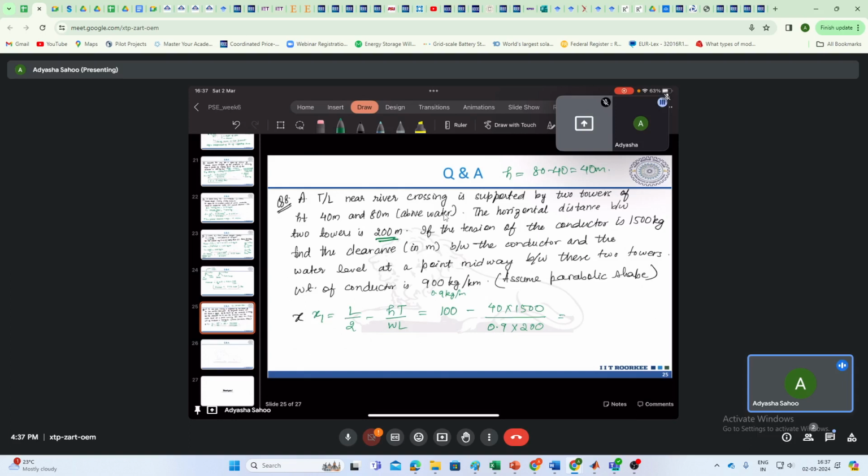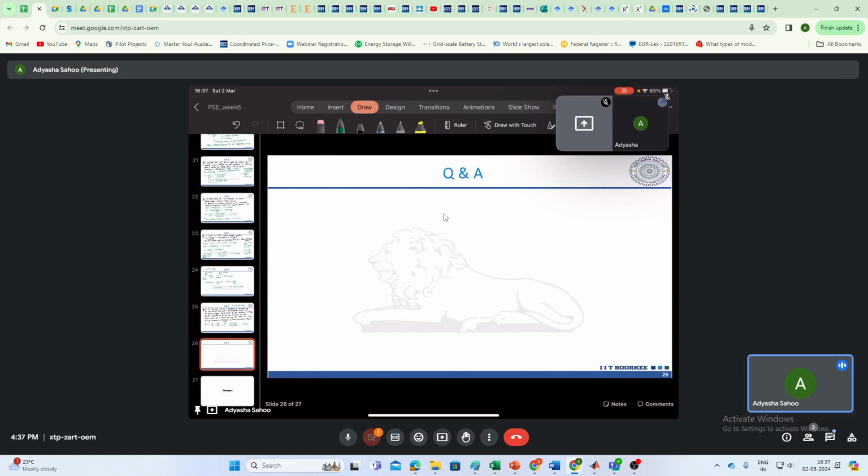So from here we'll get this as 100 minus a larger value, negative. So basically this will be the second case, right?